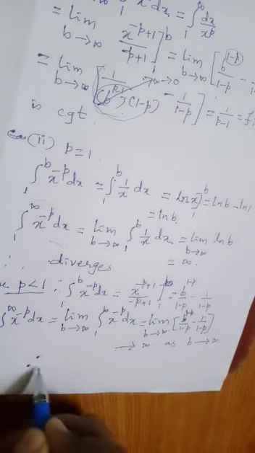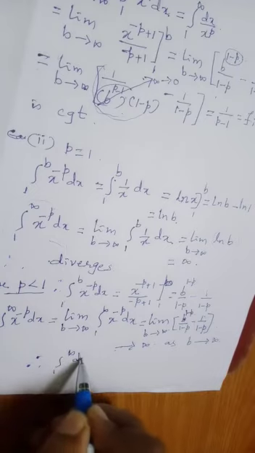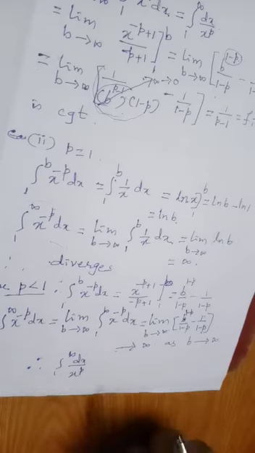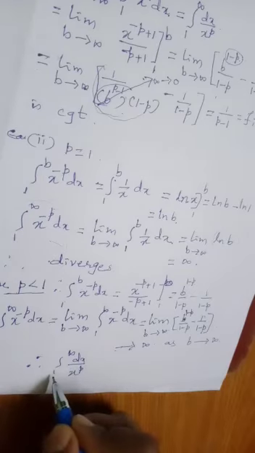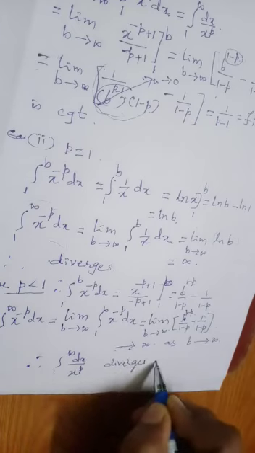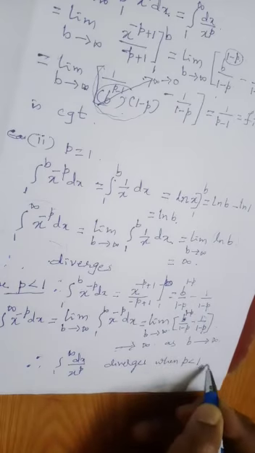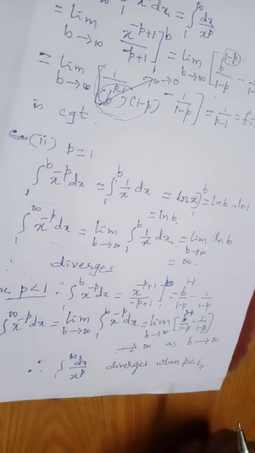Therefore, the given integrand, 1 by x raised to p, if we integrate from 1 to infinity with respect to x, diverges when p is less than 1.